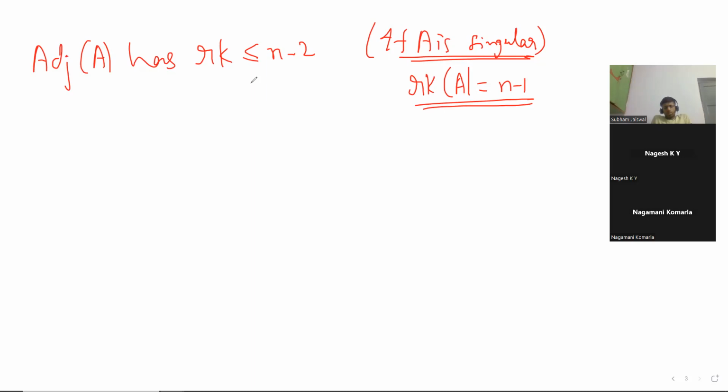Yeah, so you want to show that. You want to show that any n minus 1 rows are linearly dependent. Either you show that or. So adjoint of A, we understand it's a standard matrix.